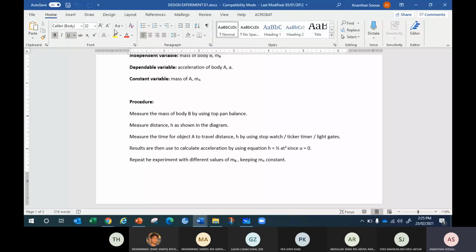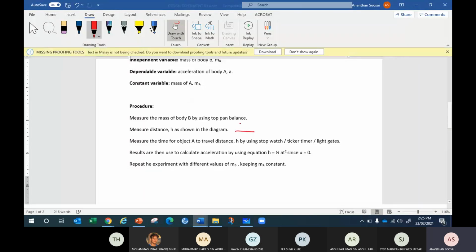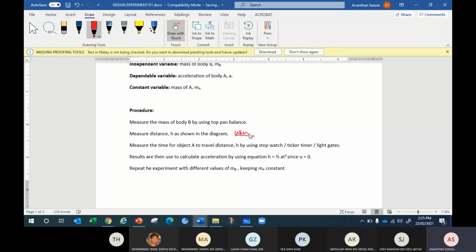So measure the travel distance of object A by using a stopwatch, ticker timer, or light gate.